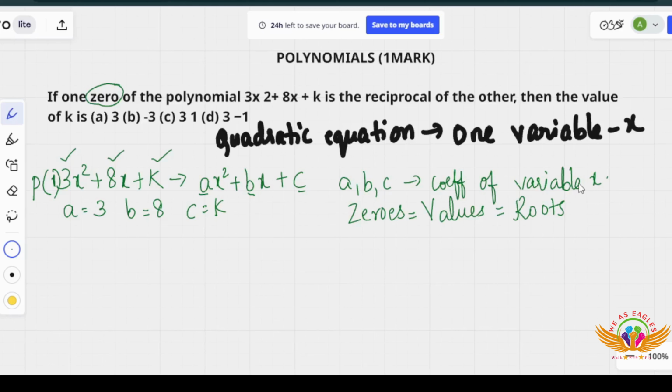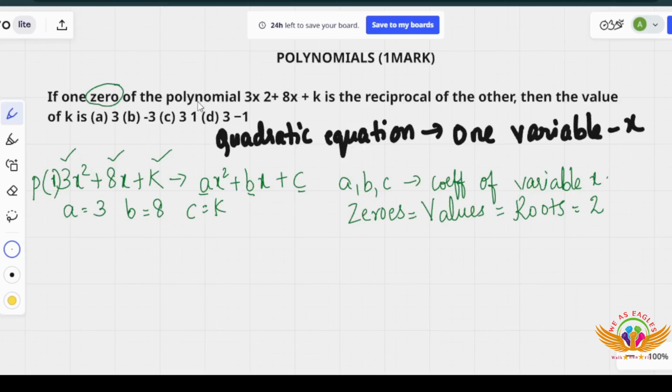Generally, we do factorization for the quadratic equation and find the values of x, which we call roots. In the chapter polynomials, we call these values zeros. So we get two values of x.